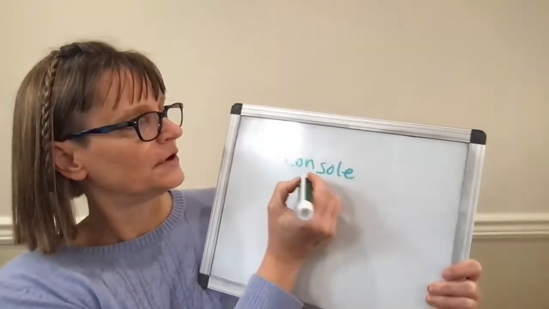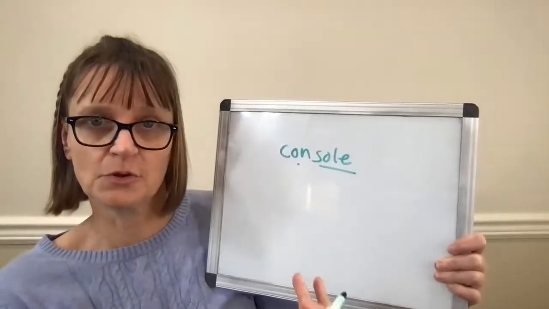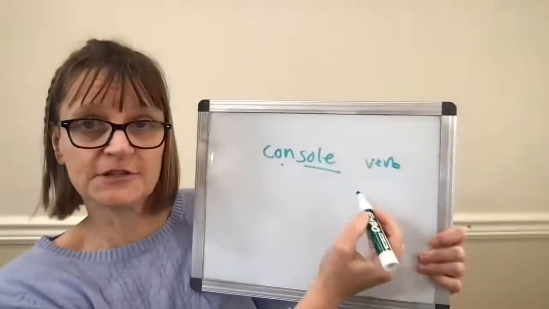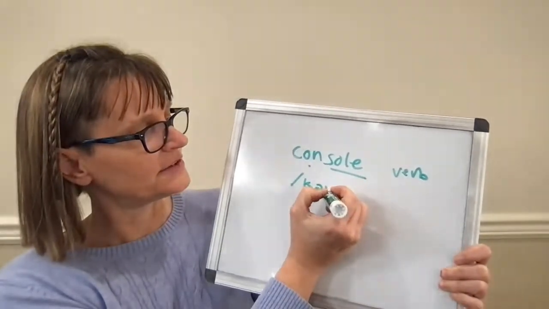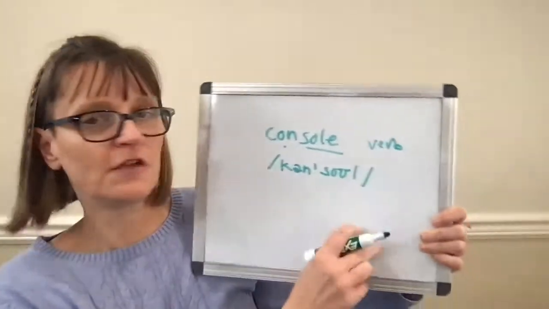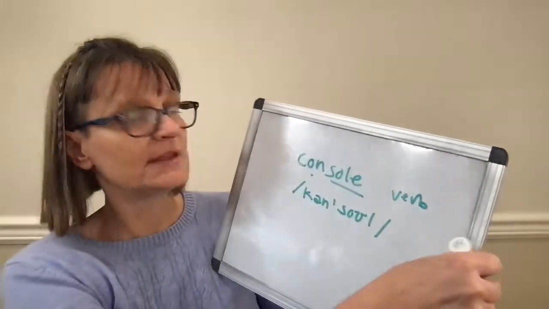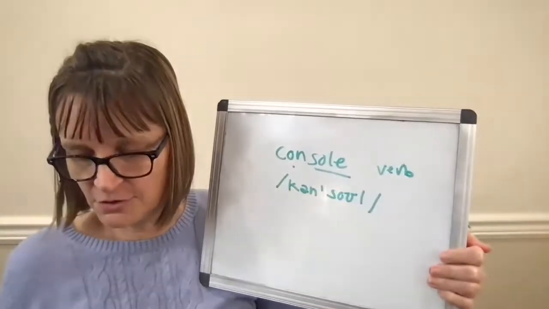So for console, the verb, I'm going to console someone, make them feel better, I have second syllable stress. So in the dictionary, you're going to see that as console. So what you should be looking for here, even if you can't read the dictionary symbols, there's some things that can help you with words like console and console.